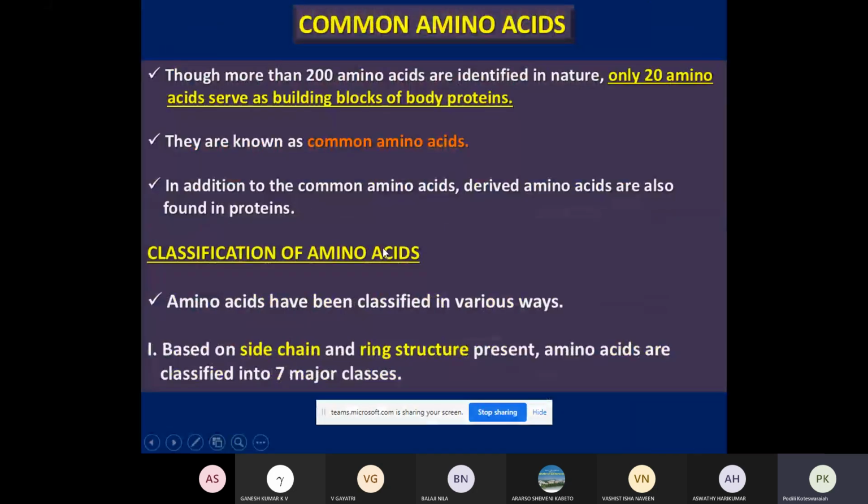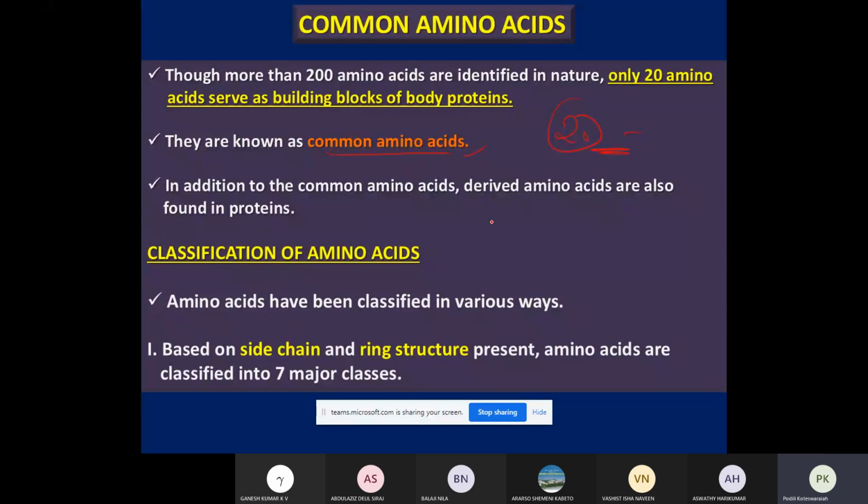Coming to the classification, amino acids are classified in various ways. More than 200 amino acids have been identified in nature, but only 20 amino acids are present in proteins. They are also known as the common amino acids or standard amino acids.